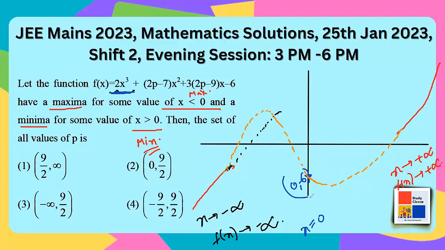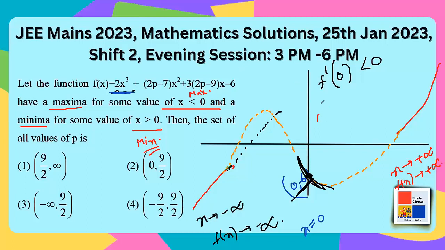And now at the point (0, -6), that means for x equal to 0, the graph has to be a decreasing one. That means f'(0) has to be negative because the graph is decreasing at that point. So we'll try to find that, and that will give me the possible interval for the values of p.